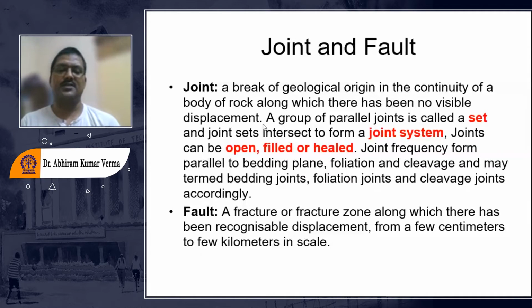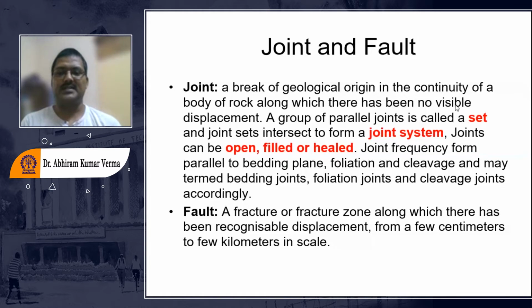This definition was given by ISRM in 1974, and they have standardized all those definitions so that there should be a general consensus for scientists all over the world. People will follow the same definitions and the same terminologies to define these parameters, so that we can communicate freely.